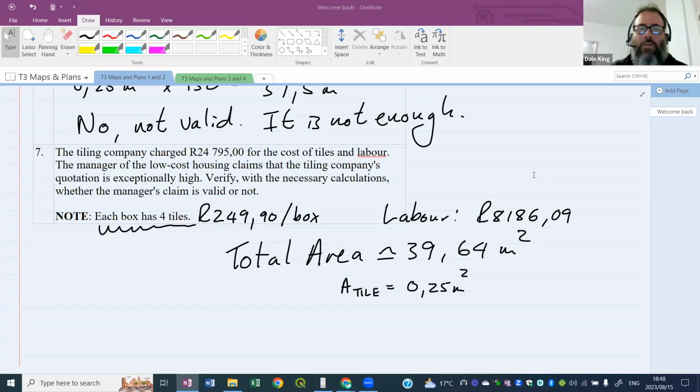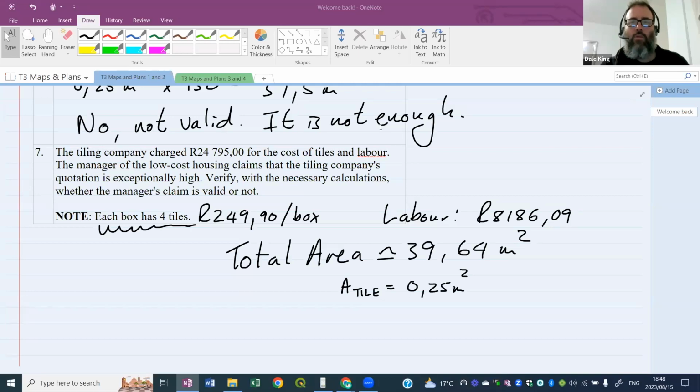I think you're trying to get a price for 1 tile. So you should divide. Try that, and then that'll give you a price for 1 tile. Okay. Thank you.